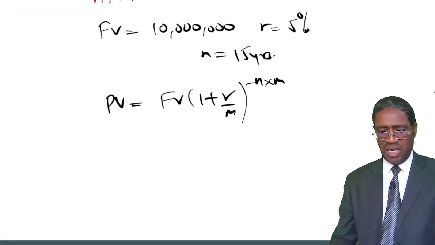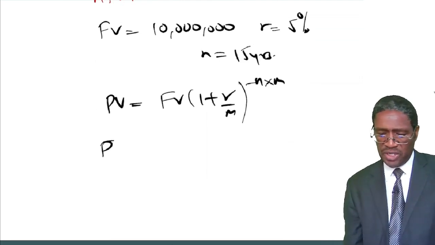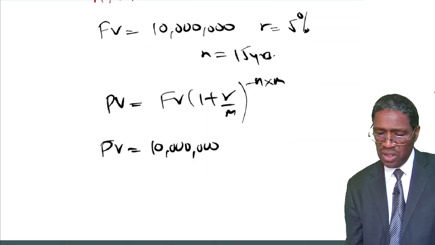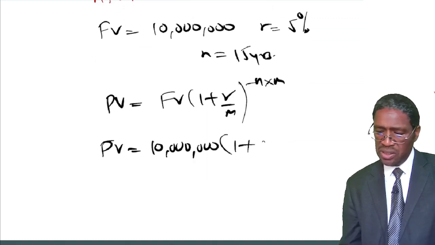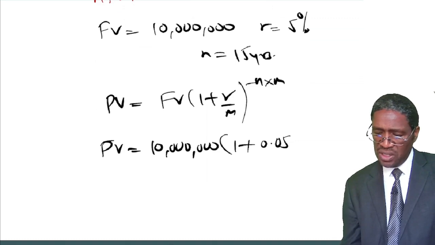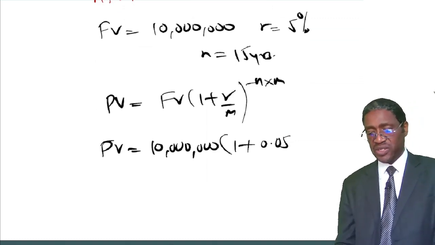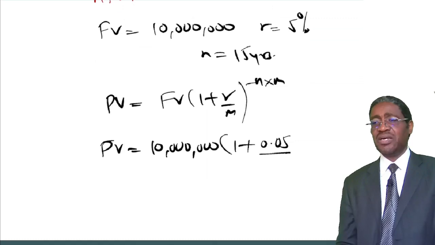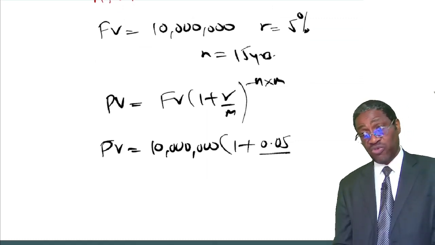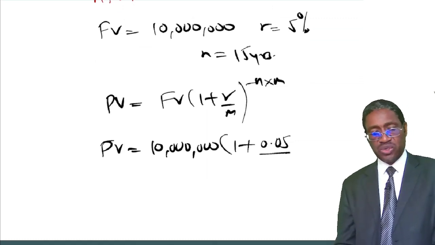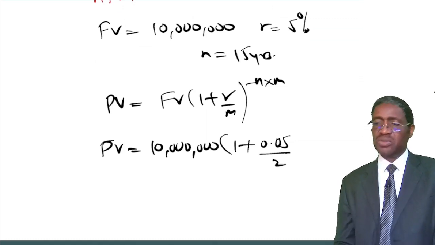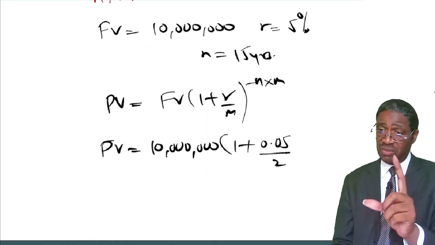So this will be present value equals 10 million into 1 plus 0.05. That's our annual rate, 5%. I divide that by the frequency of compounding, which we are told is 2 times. So that means we are earning interest semi-annually.